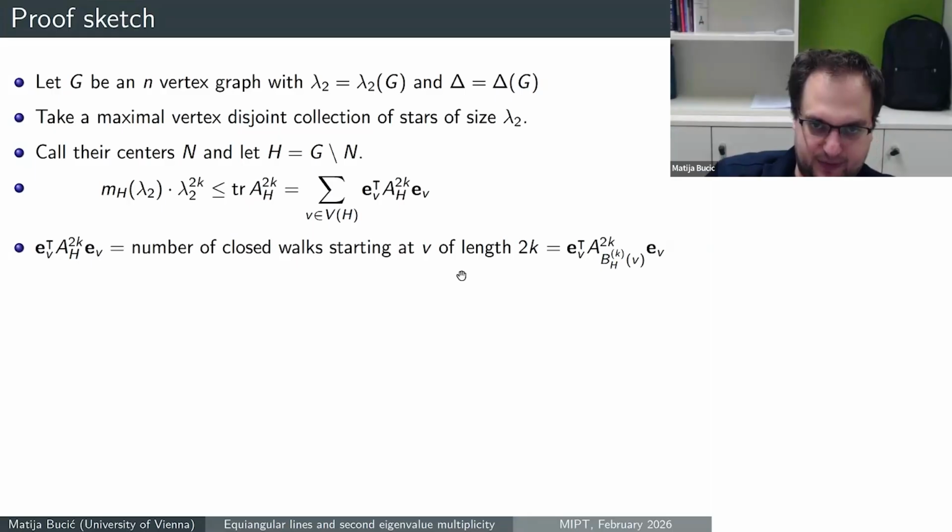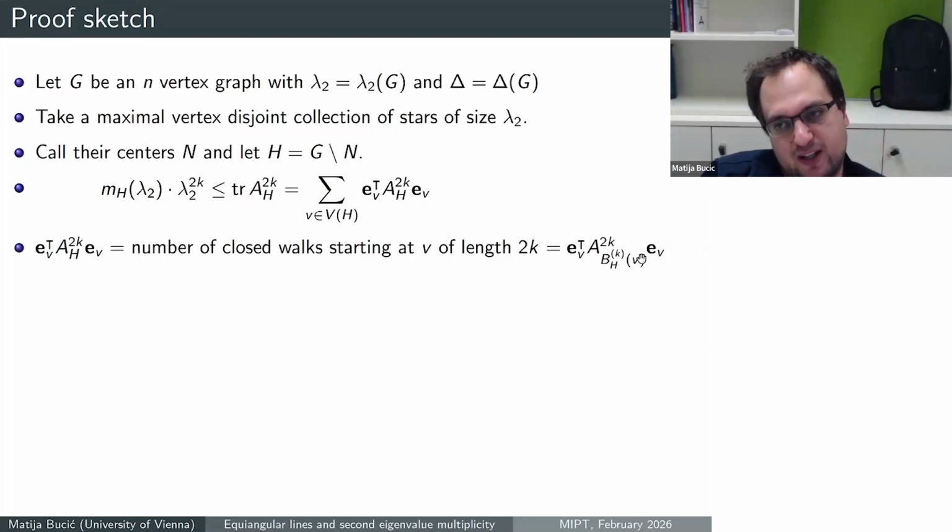So in this sum on the top, I can just replace our whole graph H with these balls of radius k. And also, I haven't told you yet how I choose my k, so we are completely free to choose it as we wish. And the way we will choose it is to make these balls small so that we can use lemma 1 on them.